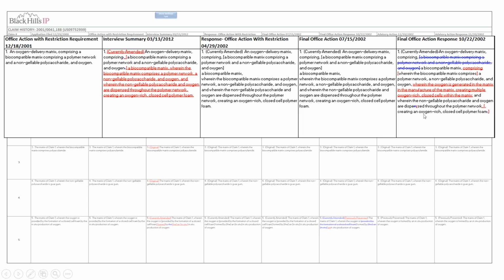And what we're able to see very quickly with the red and the blue, with the coloring and the underlining and the strikeout, is the difference between the claim at filing and the claim after the final office action response. And we can not only tell, obviously there's a difference in the length of the claim, but we can see exactly what language was removed and exactly what language was added.